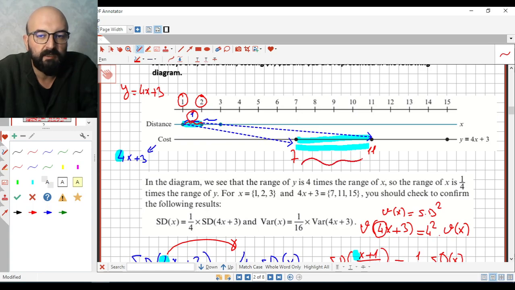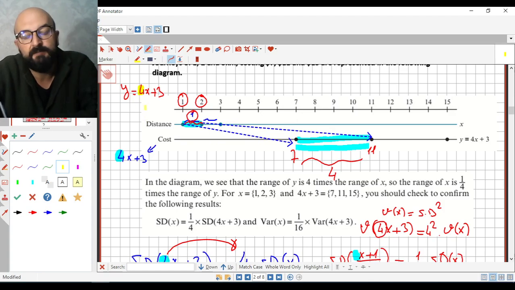So the interval of y becomes 4. So please notice that we multiplied x by 4, and the interval becomes 4.